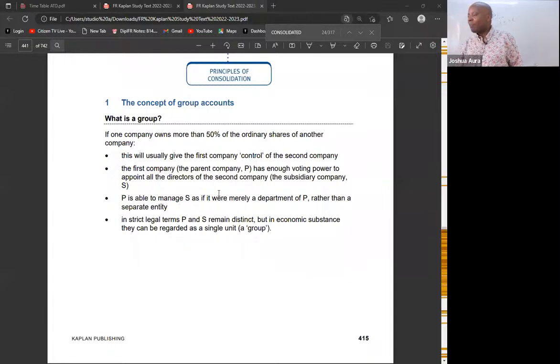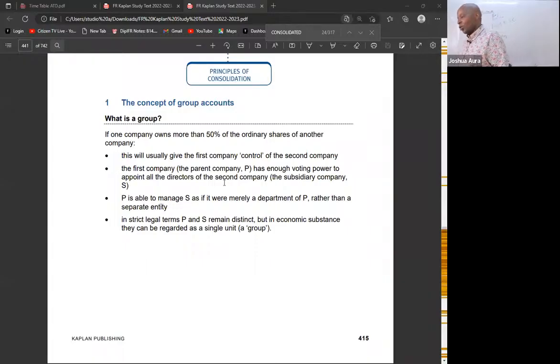The first company, what we are calling the parent company P, has enough voting power to appoint all the directors of the second company, called the subsidiary company. P is able to manage S as if it were merely a department of P, rather than a separate entity.